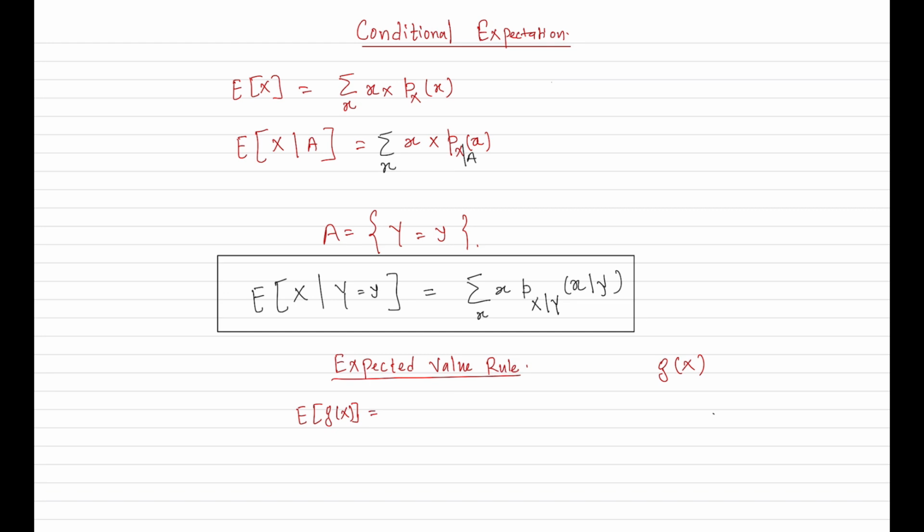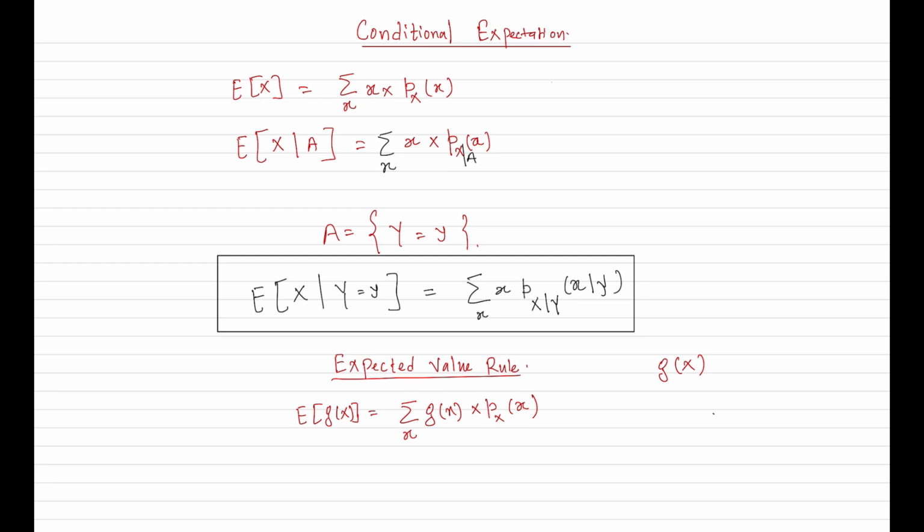We used to find it using the expected value rule: it is equal to this function g(x) times the probability that the random variable takes the value x, and we sum over all the possible values of x.